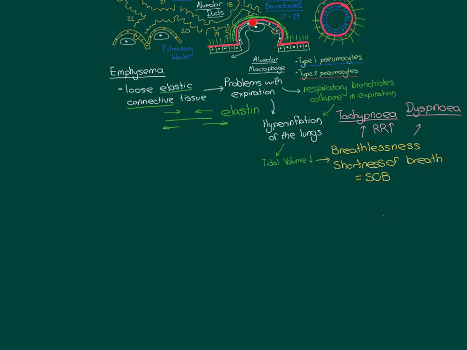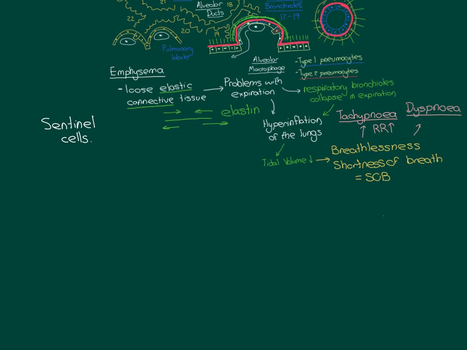Now, in the alveoli, we've met cells of the immune system that are present there. We've met these alveolar macrophages. These are what are called sentinel cells, and I'll just write that term down. So the alveolar macrophages that we've met are examples of sentinel cells. What this means is that they are standing guard effectively.